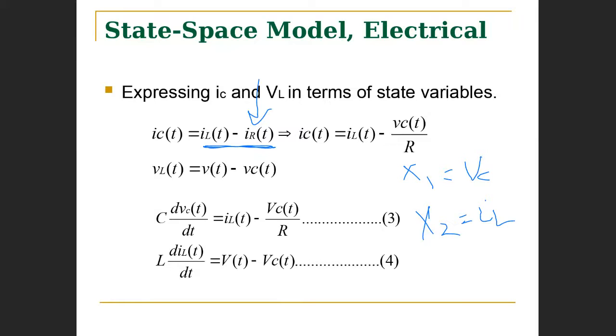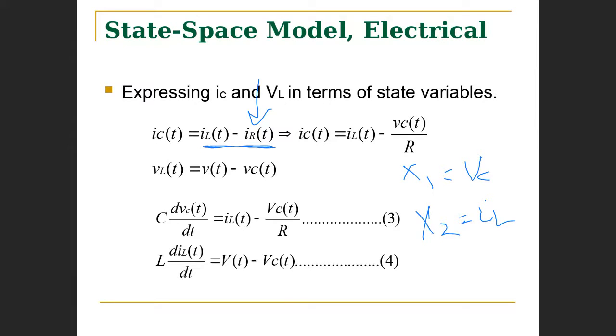What do we know about IR? Because the capacitor and the resistor are in parallel, both of them would have the same voltage across them. Hence, we can replace IR with VC of t over R.